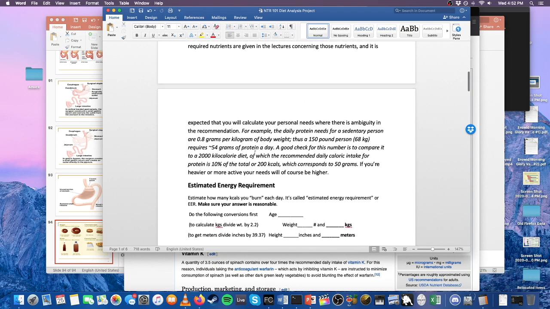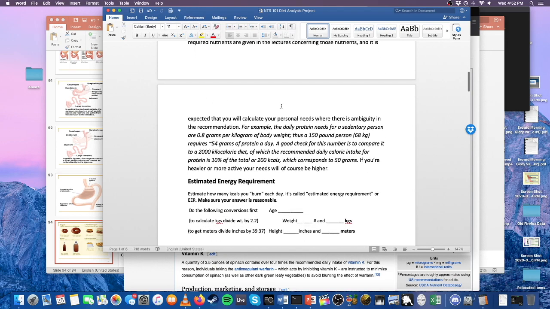So that's that. I've given you an example here for calculating your needs of various nutrients. We talked about protein needs a lot in this class, and you can actually calculate your calorie needs from your protein needs by assuming, say, that you need 0.8 grams of protein per kilogram of body weight. If you're 150 pounds, that's 68 kilograms. This means you need about 54 grams of protein a day.